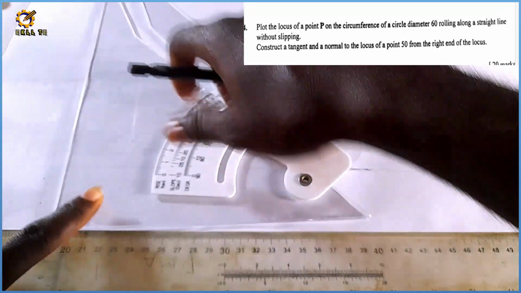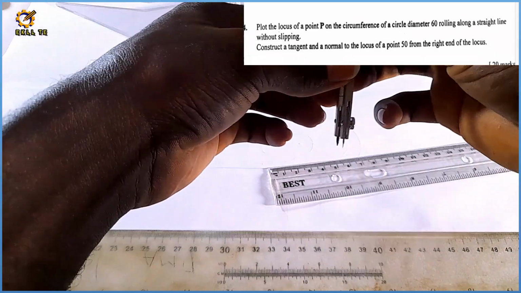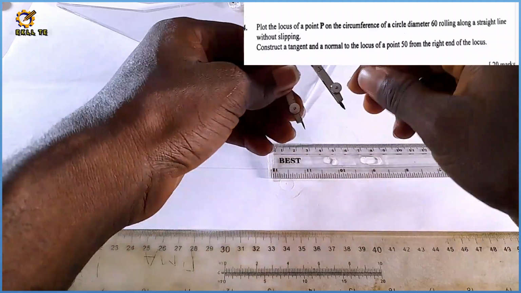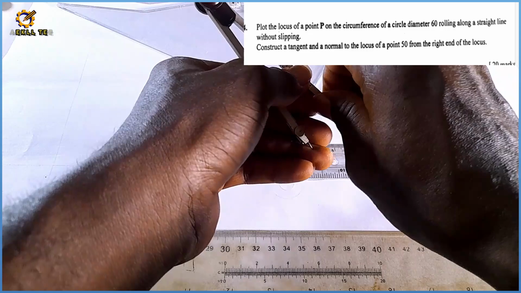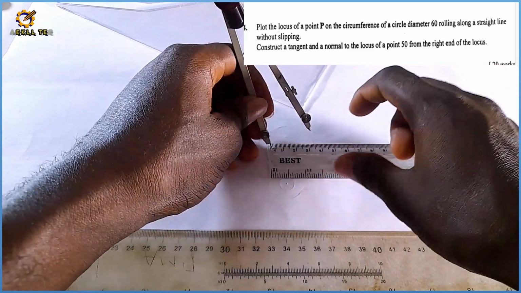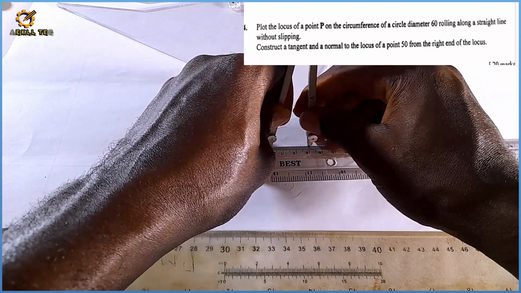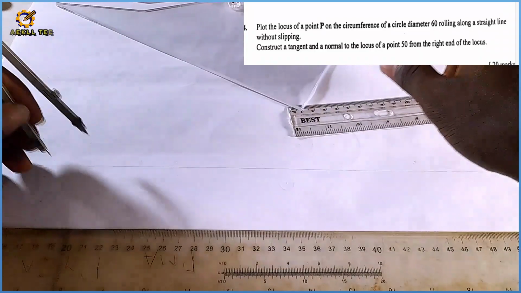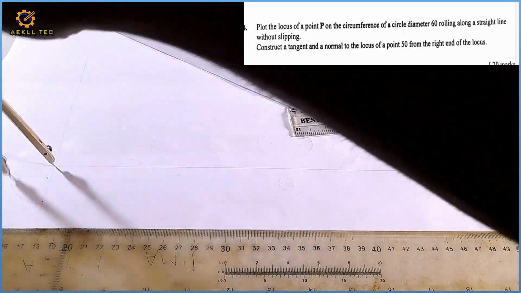Now with my compass and my ruler, radius 30, diameter 60, radius 30. So with 30 on my compass, I come to the center here and I produce a circle.